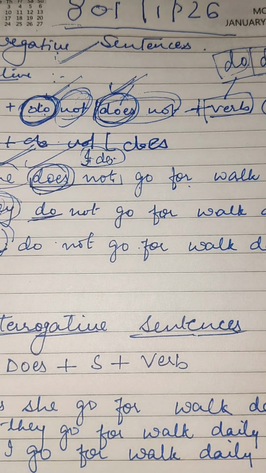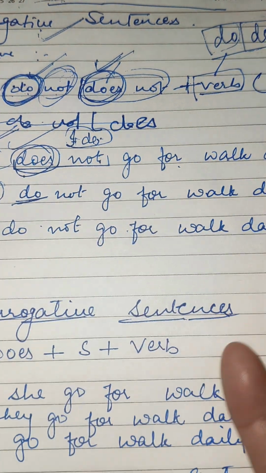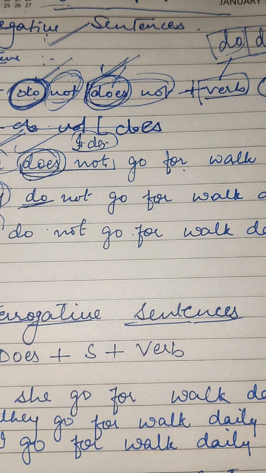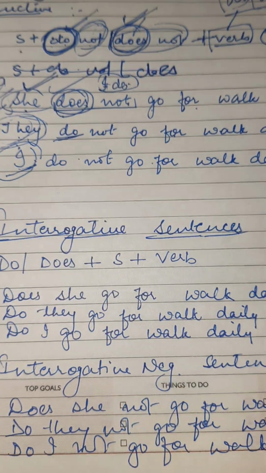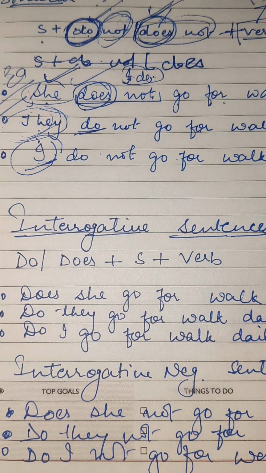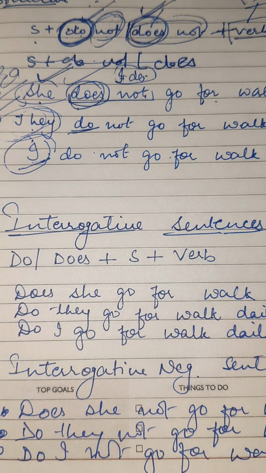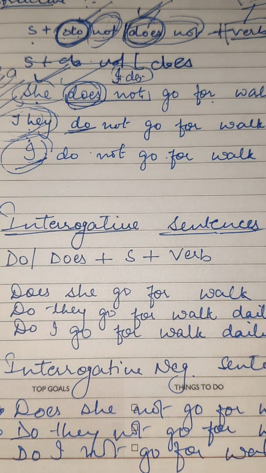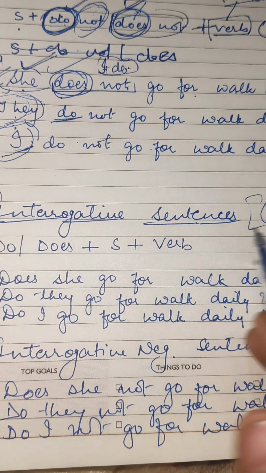Very simple. Once you know how to frame assertive sentences, you will be able to frame negative and then interrogative sentences. Let's talk about interrogative sentences now. What kind of sentences are these? Interrogative means question sentence, right? When we ask or inquire about something, that is an interrogative sentence.